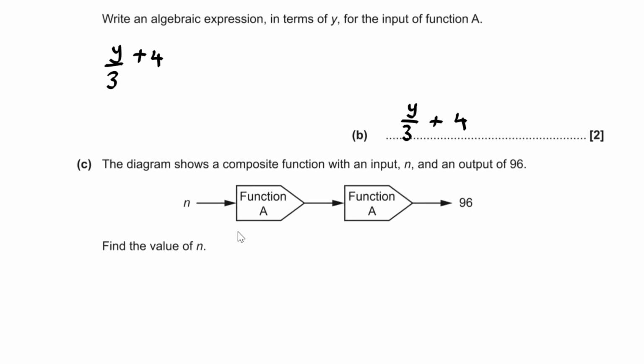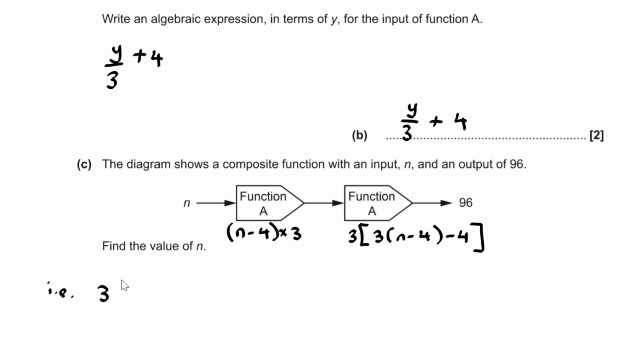And then what we will do is input this into function a again. So what we'd have here is 3 lots of n minus 4 minus 4, and then we get 96.